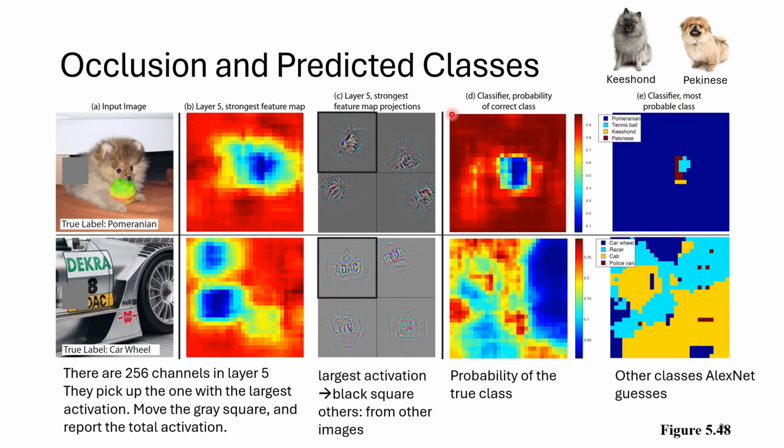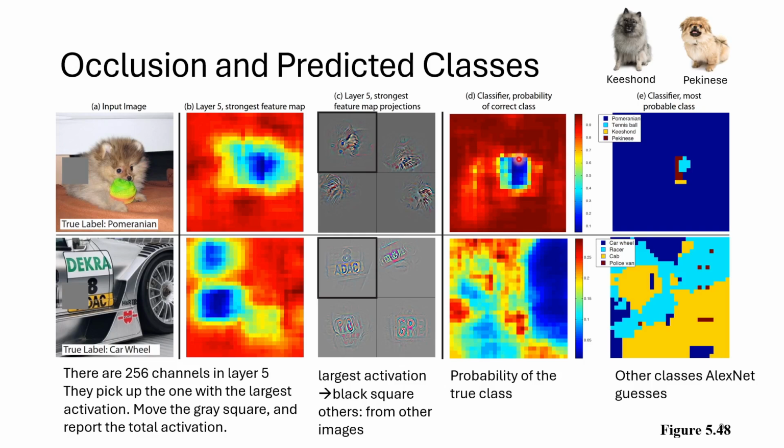The AlexNet neural network still recognizes this as an image of a Pomeranian. But if they move the gray square to cover the face of the Pomeranian, then the probability that AlexNet thinks this is a Pomeranian drops dramatically. It also shows the face of the Pomeranian dog is very important for AlexNet.